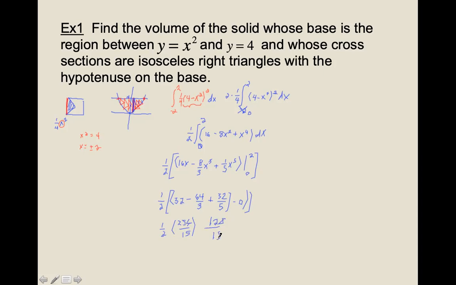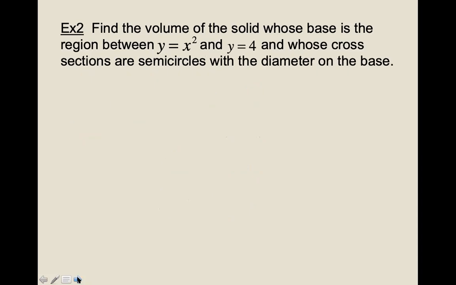All right, so let's look at another slide here. Same problem, but this time my question is, find the volume whose base is the region between those same two curves, but this time my cross sections are semicircles with the diameter on the base. So I'm going to grab my pen. All right, so we still have our same parabola.